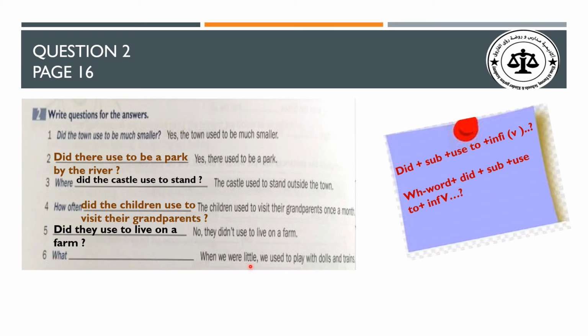When we were little, we used to play with dolls and trains. What? Excellent. Did you or we? We can use the subject you, or we can say did we used to play with when you or we were little. Okay?